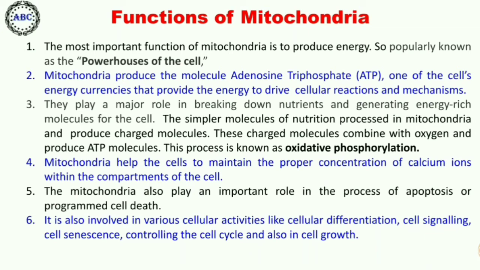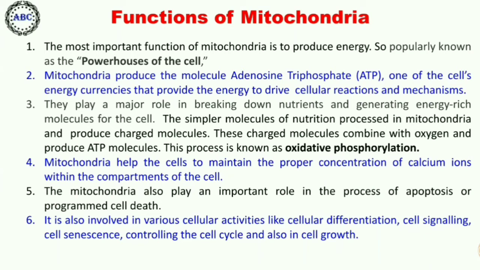The simple molecules of nutrition are processed in mitochondria and produce charged molecules. These charged molecules combine with oxygen and produce ATP molecules. This process of formation of energy-rich phosphate bonds in ATP with the help of oxygen is called oxidative phosphorylation.